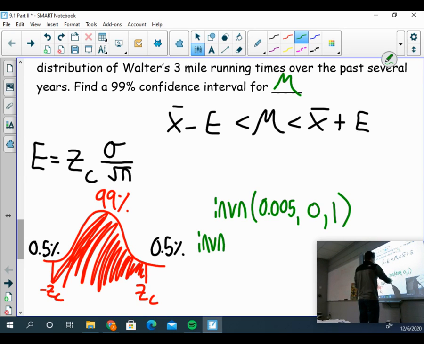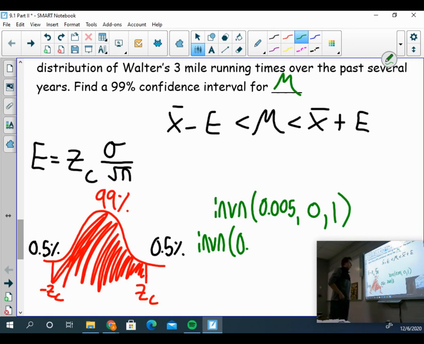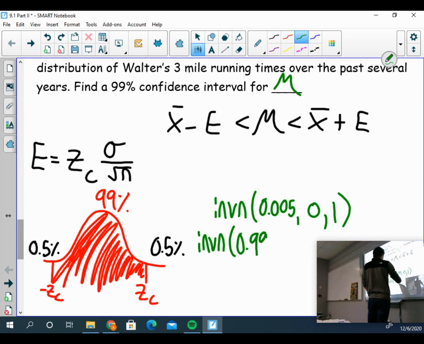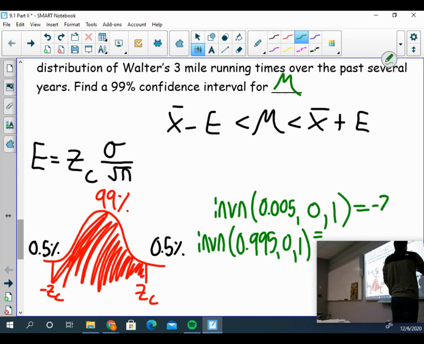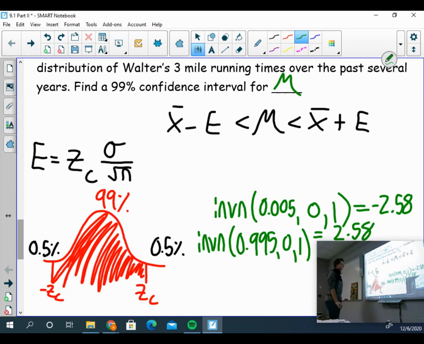The amount of area to the left of our z sub c, our positive critical value, would be 99.5% or 0.995. When we calculate it, we find that on the standard normal curve, 99% of the data falls between negative 2.58 and 2.58. So 2.58 will act as our critical value.